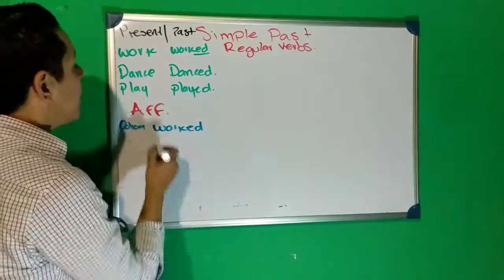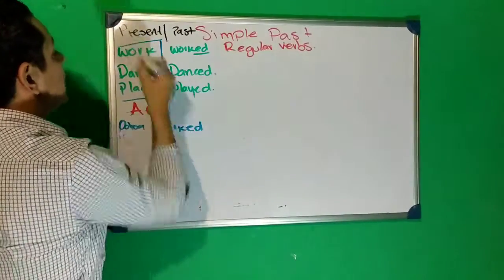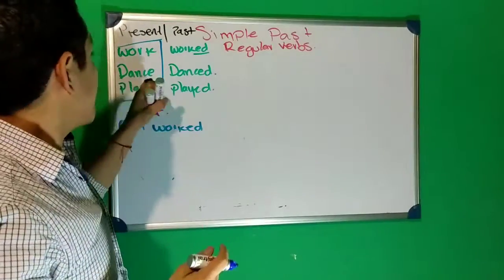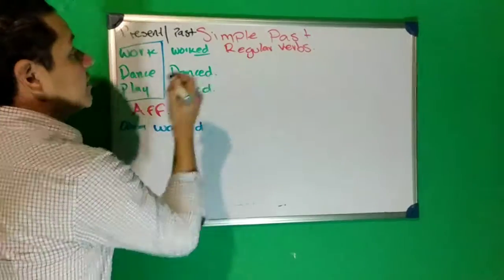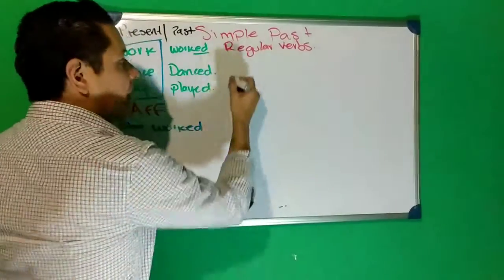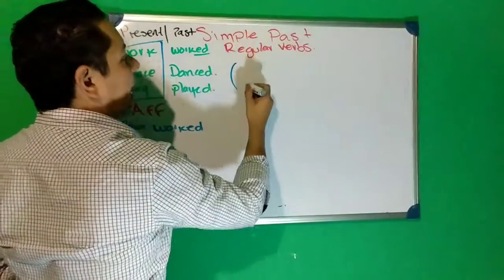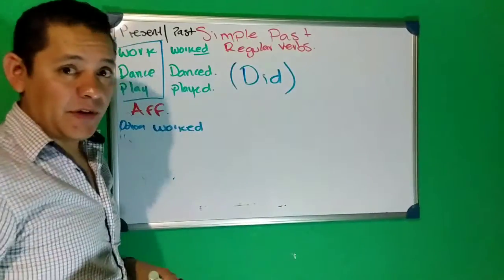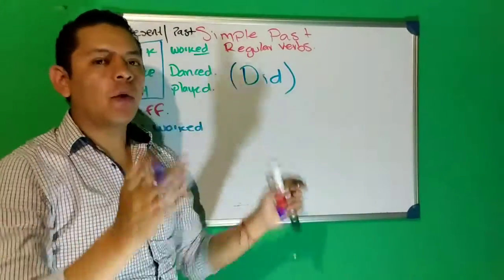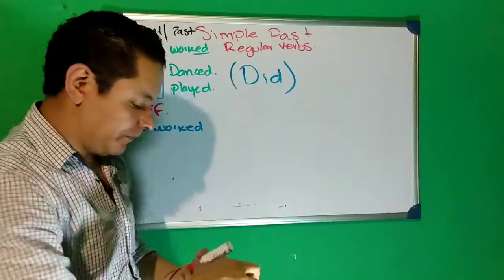Yes. Okay. Now, why are we going to use the present for the verbs? I'm sorry. It is because we're going to use an auxiliary verb. Our auxiliary verb for the simple past is did. Okay. It is going to be for all the personal pronouns.